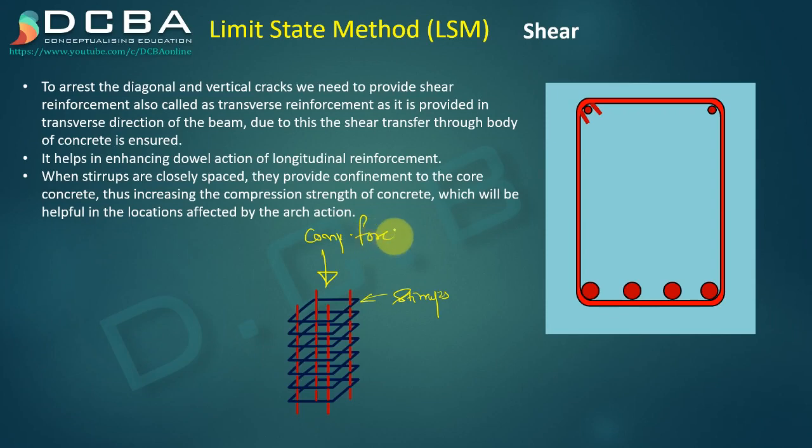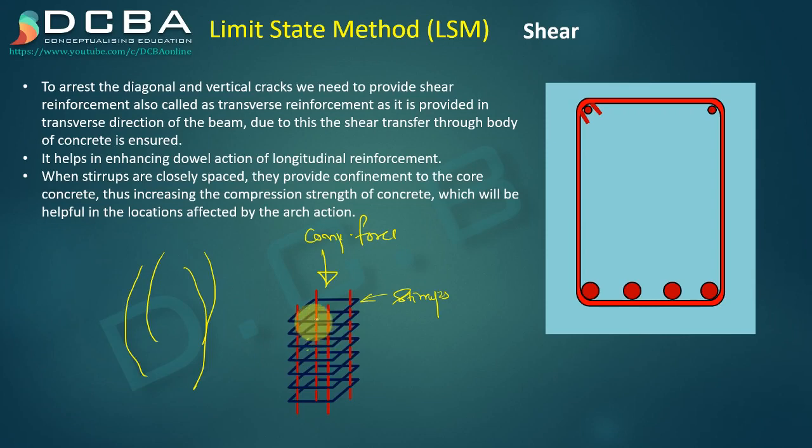But what these stirrups do in a column is that, since there is a compression force acting on top of the column, if these shear reinforcements are not provided, what will happen to these longitudinal reinforcements? They will buckle, right? Like this, they will start buckling. So there is this arch that is forming if the shear reinforcements were not provided.